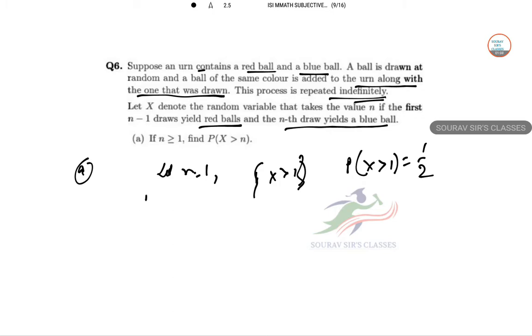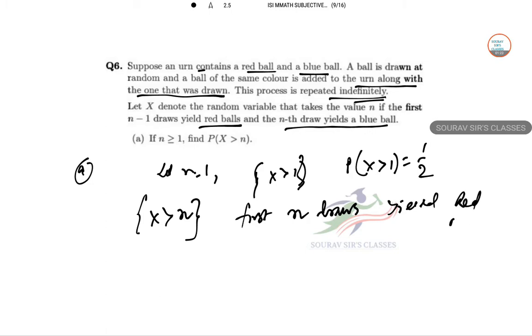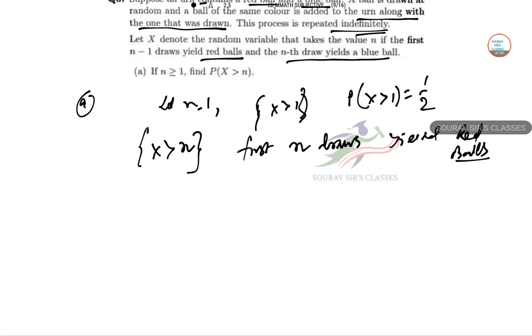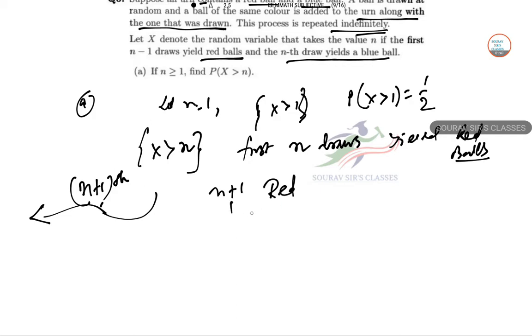So assume that the event X greater than n happens. So the first n draws yielded red balls, and before the n plus 1 draw, there are n plus 1 red and 1 blue balls in the urn.